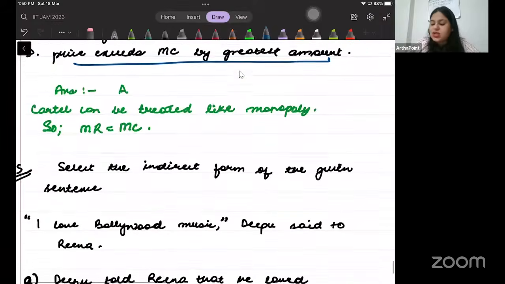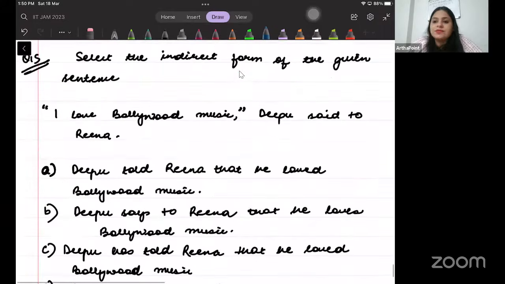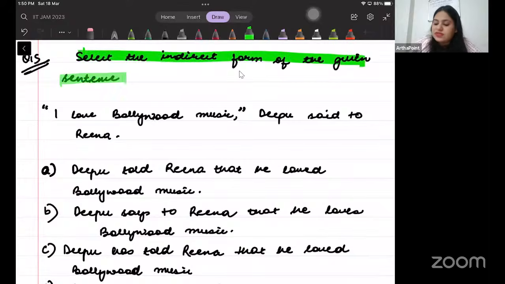Okay. Come to this. This also comes a lot in the exam. You should practice some part of active, passive, direct, indirect forms also. So this is: select the indirect form of the given sentence. I love Bollywood music, Deepu said to Reena. Now you should know an English rule that whenever said to comes, it is always converted to told.